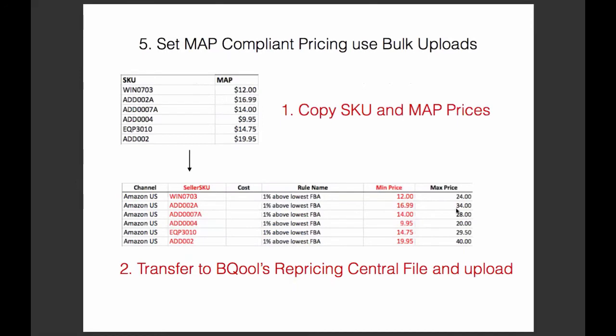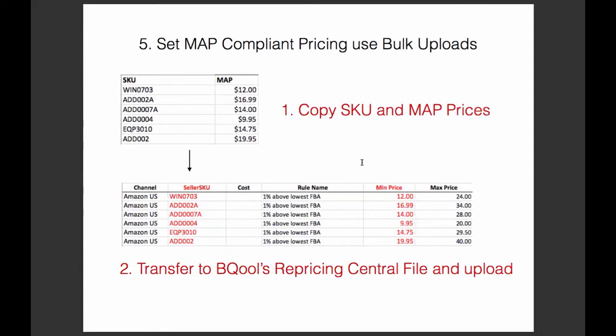Okay. And for those of you who need to be MAP compliant, what I recommend is that you probably have a list of SKUs with the MAP price on it. Take that and use BQool's Repricing Central bulk upload file.